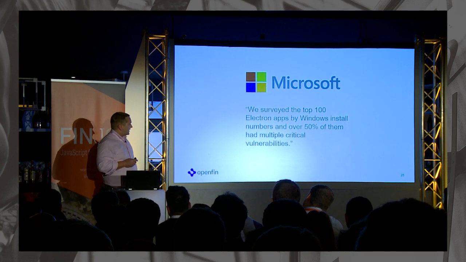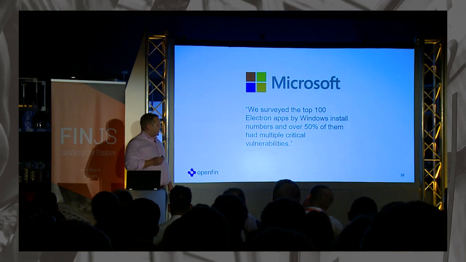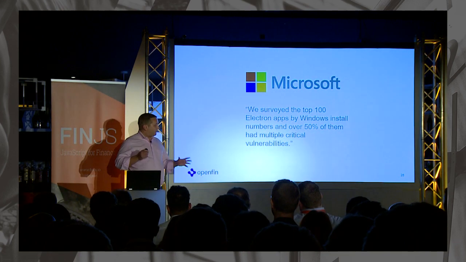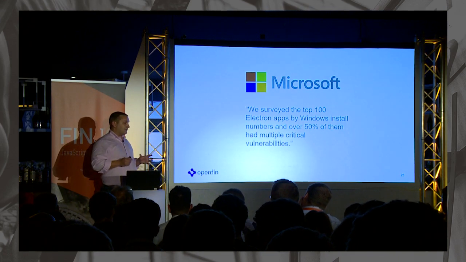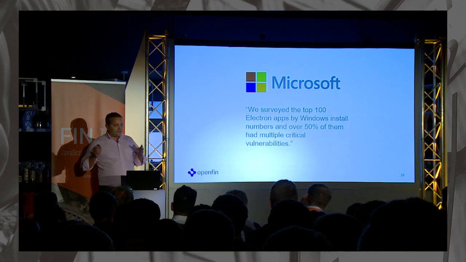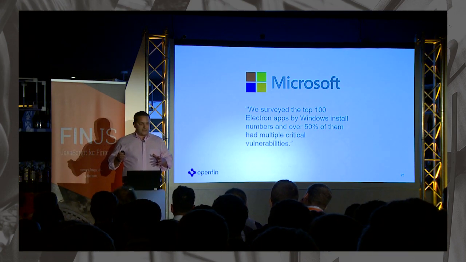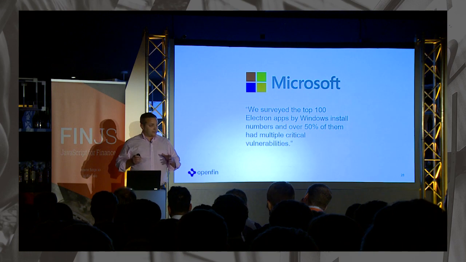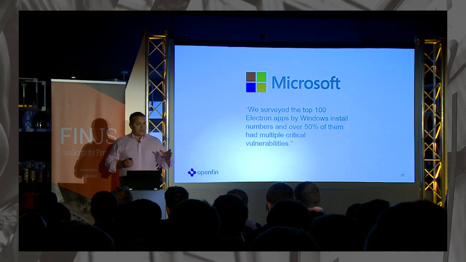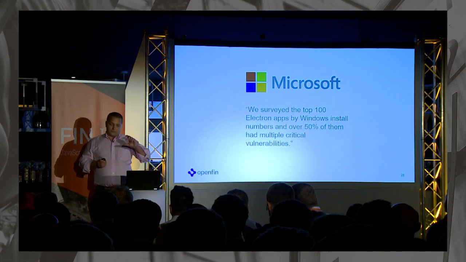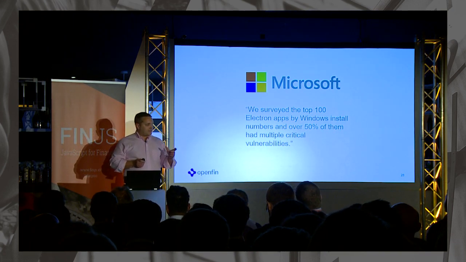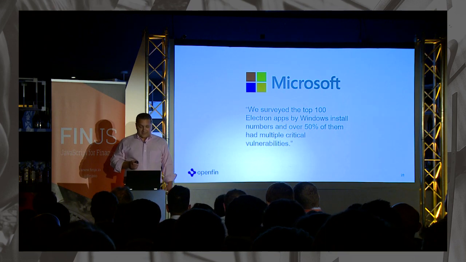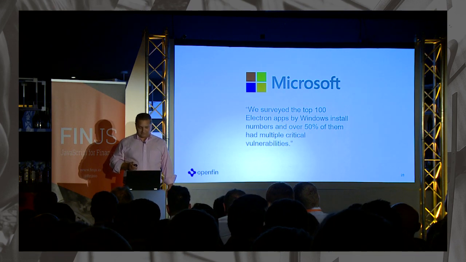And so they did a survey of all the top 100 Electron apps, and 50% of them, right, had multiple critical vulnerabilities. This is full exploit of the desktop in half of the applications that were based on Electron. So some of that is not keeping the apps up to date. Some of that is persistent architecture challenges. But it is a big, big problem.